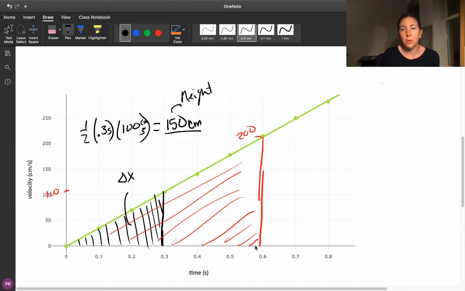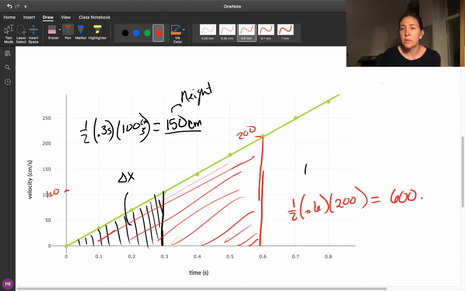When I double this, 1/2, I'm going to write it in red, 1/2 base, 0.6 times the height of 200. That gives me an area under this whole triangle, under this whole curve here. 200 divided by 2 is 100. That gives me a value of 600 centimeters. Let me put my units in.